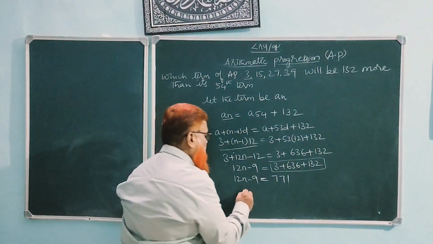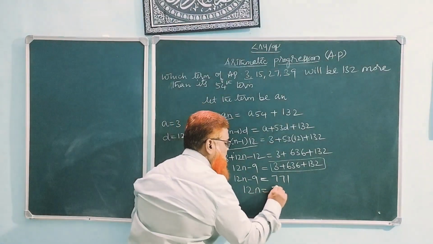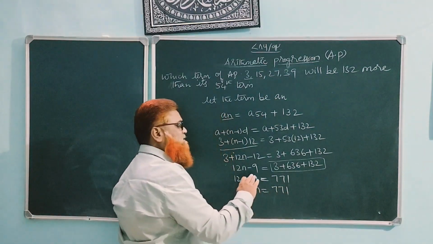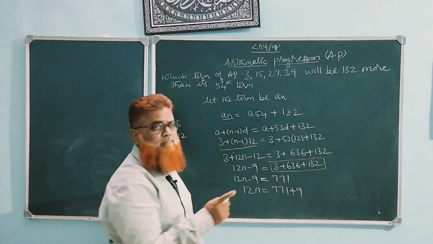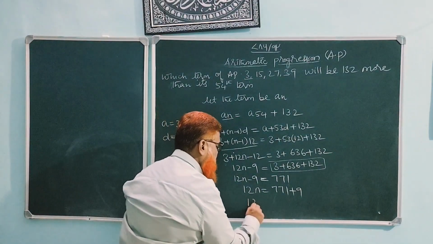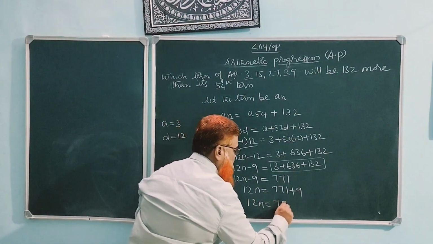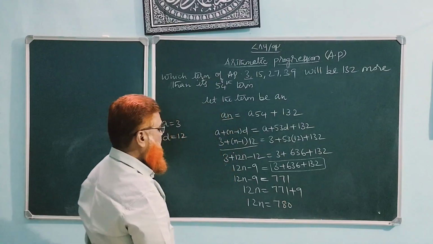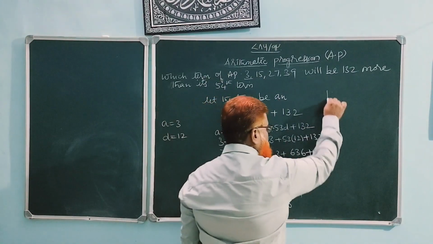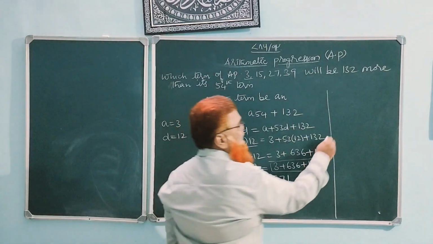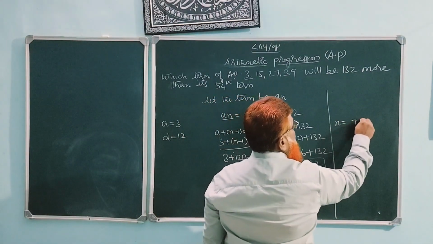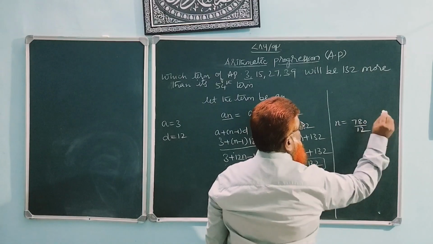Okay, 12n minus 9 is equal to 771. The 9 is transposed to the right side, minus will become plus. 12n is equal to 780. Therefore 12n is equal to 780. n is equal to 780 divided by 12.